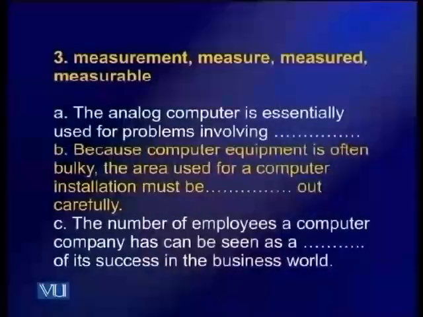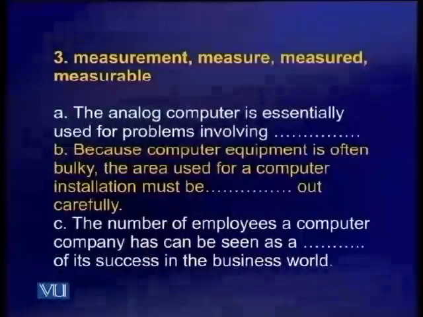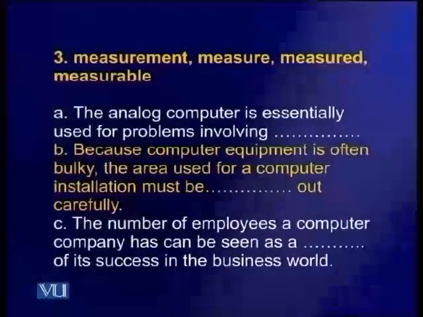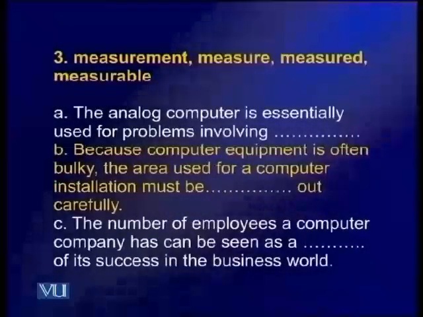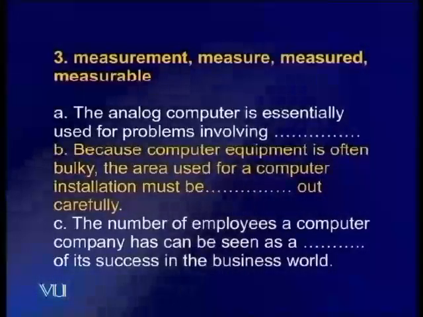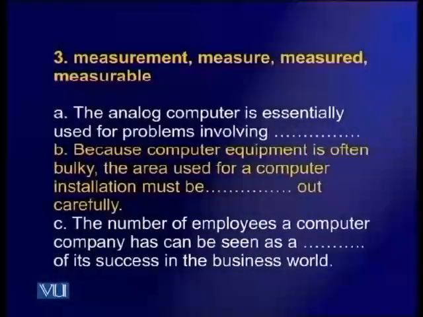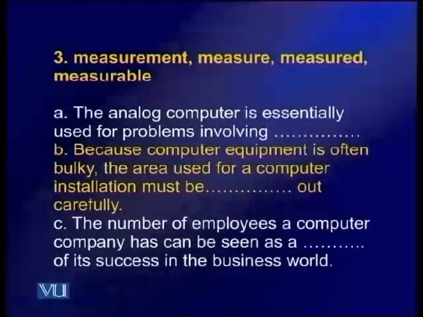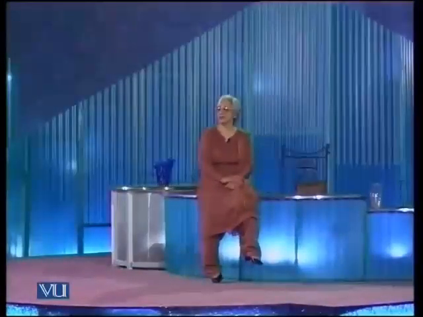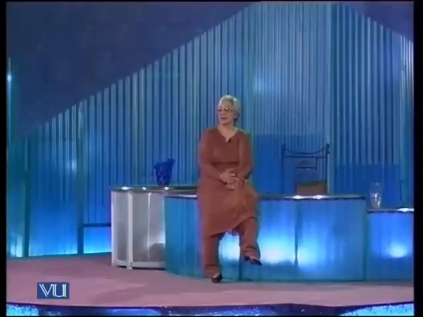And the third group of words are measurement, measure, measured, and measurable. A, the analog computer is essentially used for problems involving what? Measurement, measure, measured, measurable. It has to be measurement.